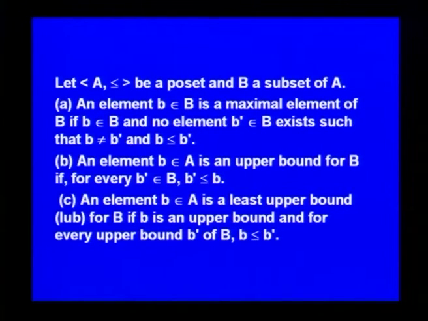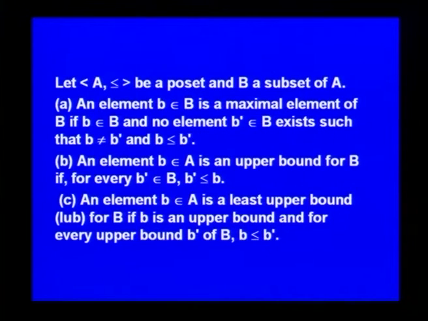An element b belonging to A is an upper bound for B if for every b dash belonging to B, b dash is less than or equal to b. An element b belonging to A is a least upper bound for B if b is an upper bound and for every upper bound b dash of B, b is less than or equal to b dash.